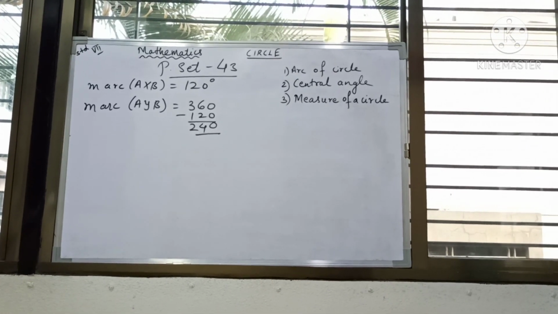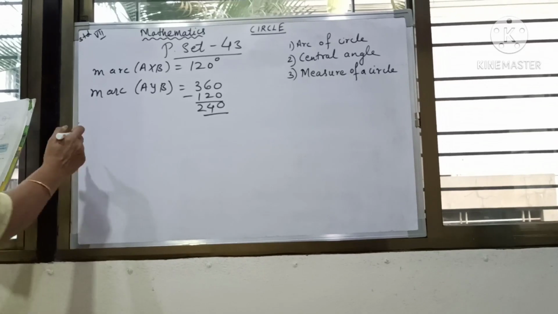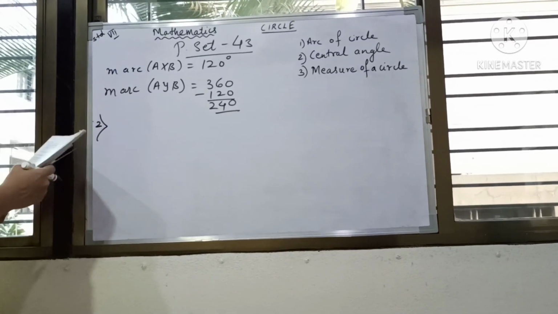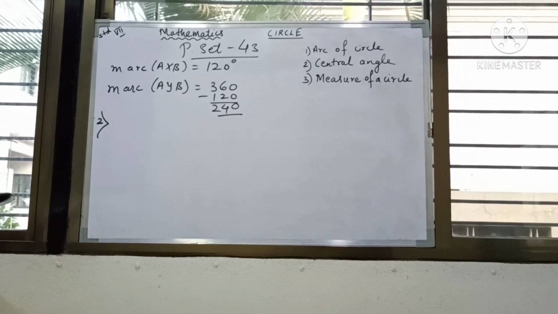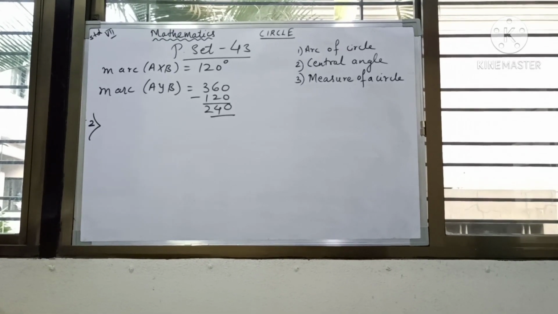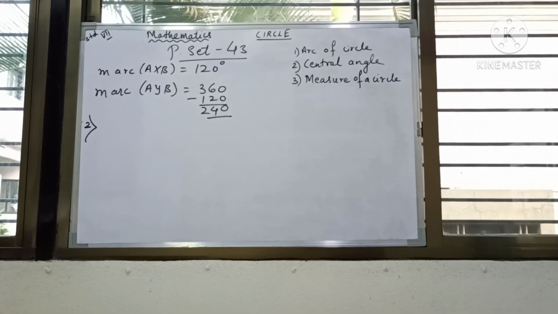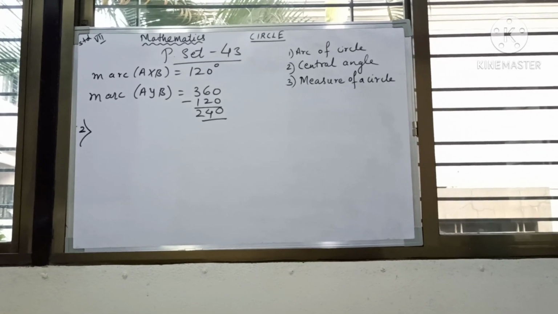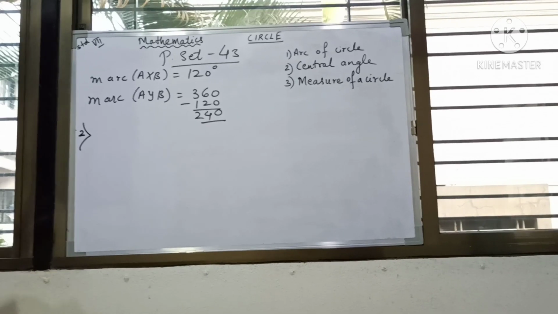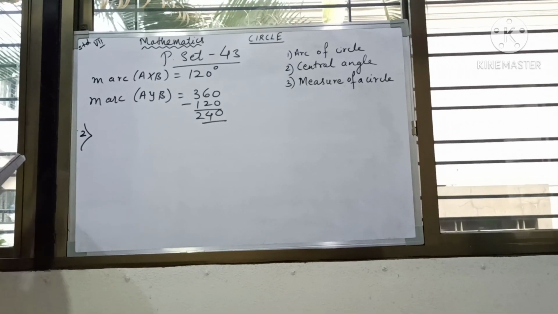The second sum. Some arcs are shown in the circle with center O. You have to write down the names of minor arcs, major arcs and semicircular arcs from the figure. So let us write the minor arcs.